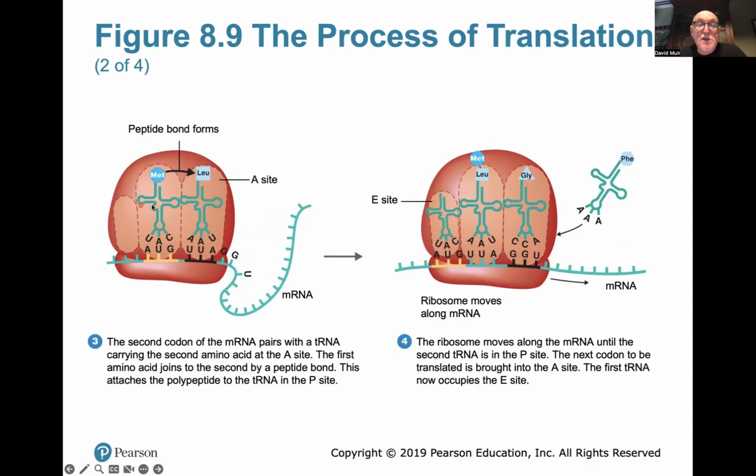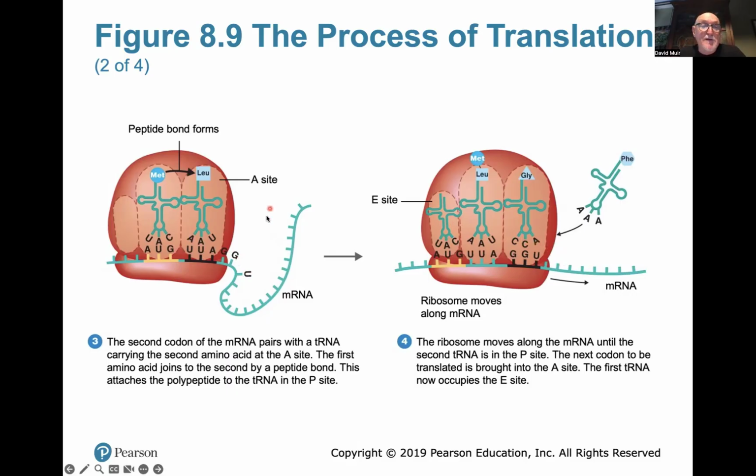Because the ribosome has moved down 1 codon to here, that chain is now here in the P site. And if that is the case, we're left with an empty A site, which the ribosome will not tolerate. And as a result, the ribosome brings in the next tRNA, here is GGU. The next tRNA is going to read CCA, and that is for glycine.